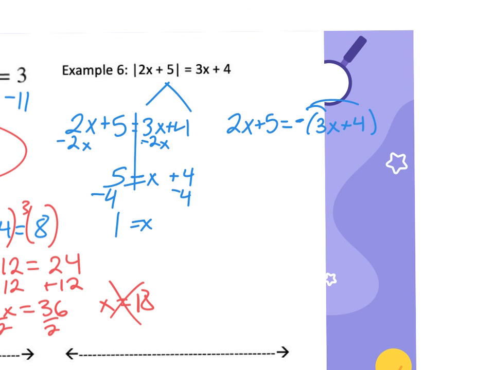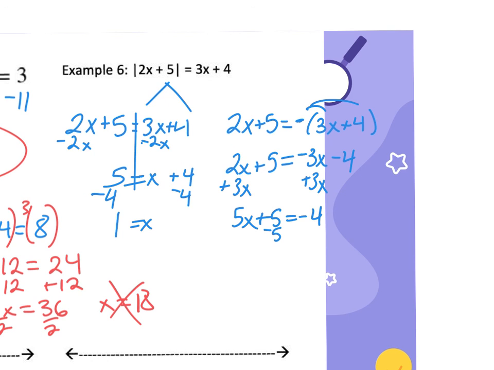Next up, we got to distribute out this negative first. So that's going to give me -3x minus 4 equals 2x plus 5. My smaller variable this time is 3x, so I'm going to move that over. Subtract 5. 5x equals -9. And then last step here, divide.